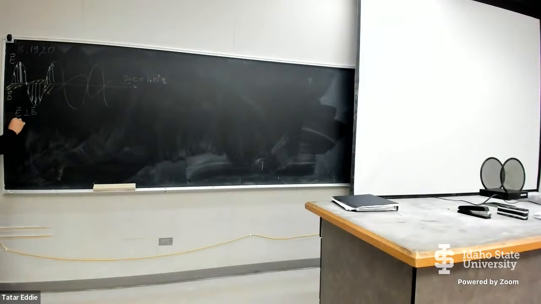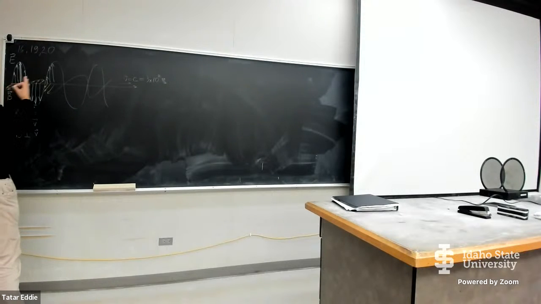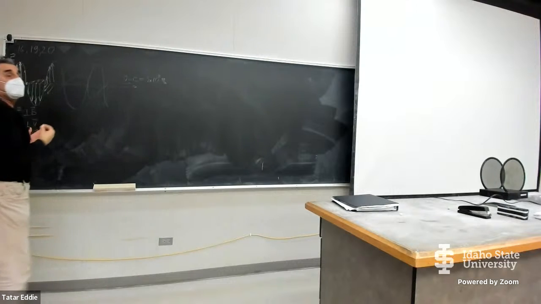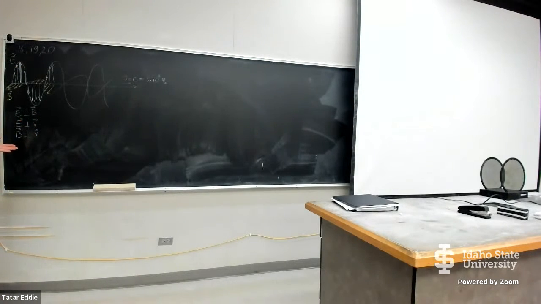The electric field is perpendicular to the velocity vector. The magnetic field is also perpendicular to the velocity vector. So you have three perpendicular vectors: electric field, magnetic field, and velocity. This pattern of electric and magnetic field variations moves, in this case, to the right with the speed of light.